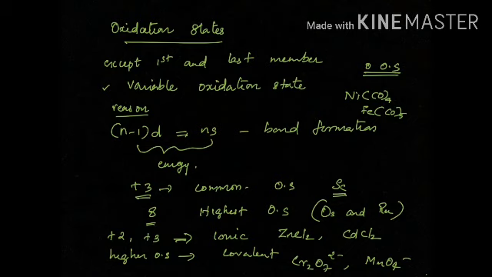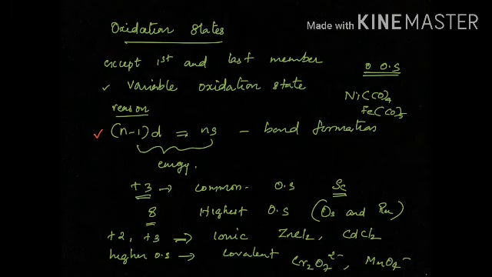So a lot of questions have been asked from this part. The first thing that you need to know is that transition elements exhibit variable oxidation state. Why? Because both the electrons of the (n-1)d orbital and the ns orbital can take part in the bond formation, as they have comparable energies.